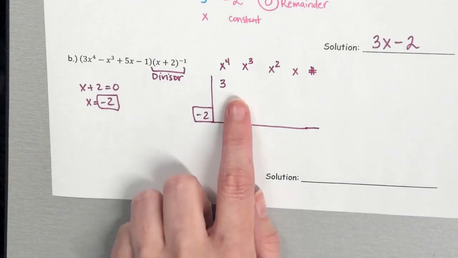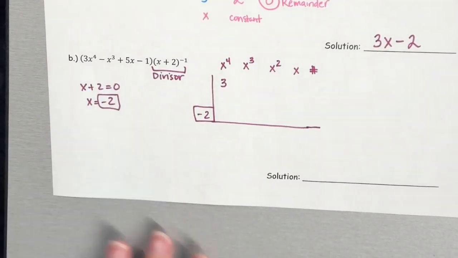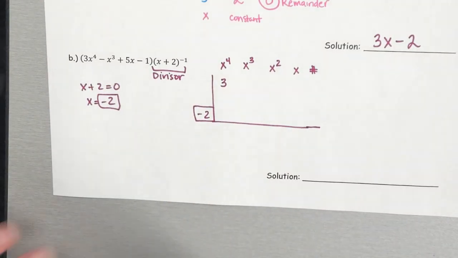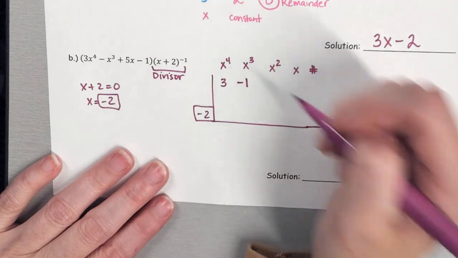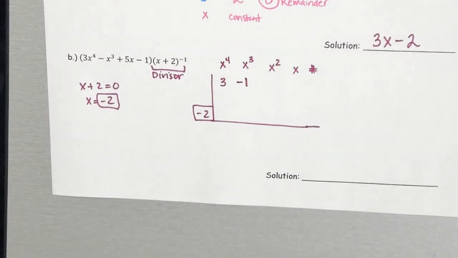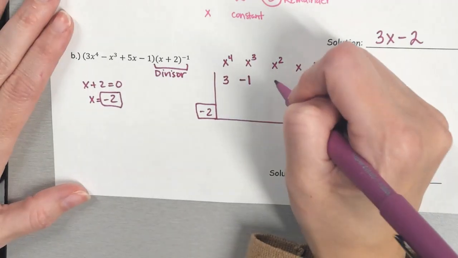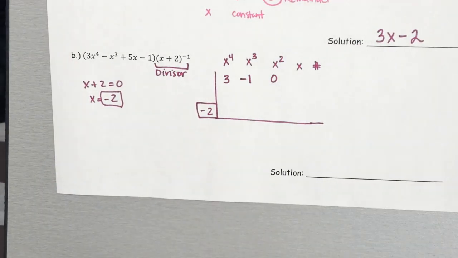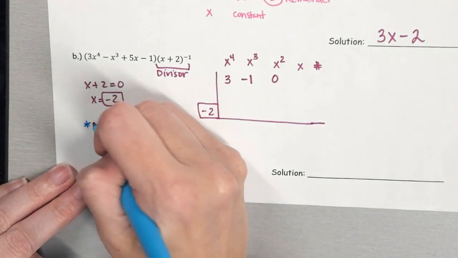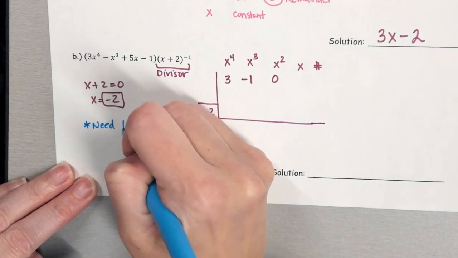Okay, so for x cubed, what number's in front of x cubed? Negative 1, yep. And then what about x squared? Yeah, there's no x squared, so you have to make 0 your placeholder here. Okay, so since that's missing, you need a placeholder for x squared.